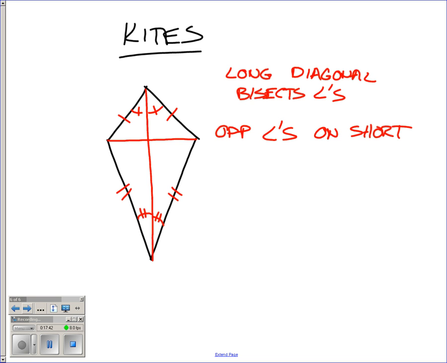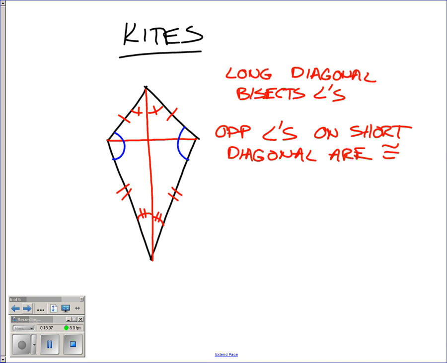So I'll mark these. All right, so this entire angle, let me put it in blue, is exactly the same as that one on the other side. The short diagonal hits the two. It doesn't bisect. We're not saying that the top part and the bottom part are the same.